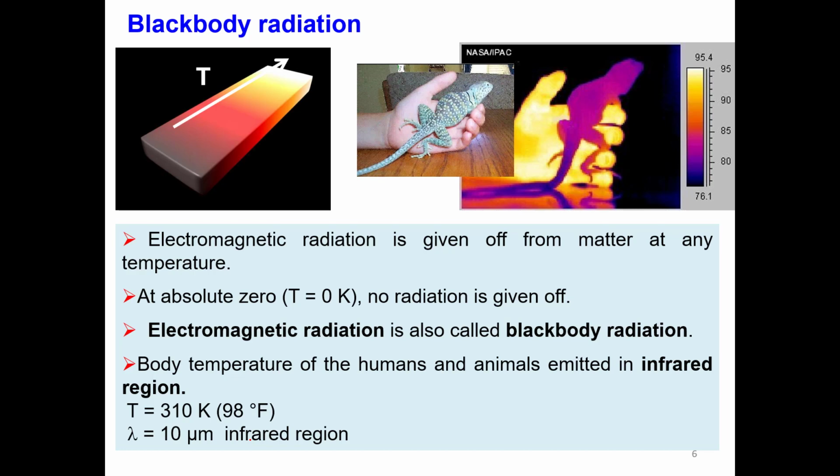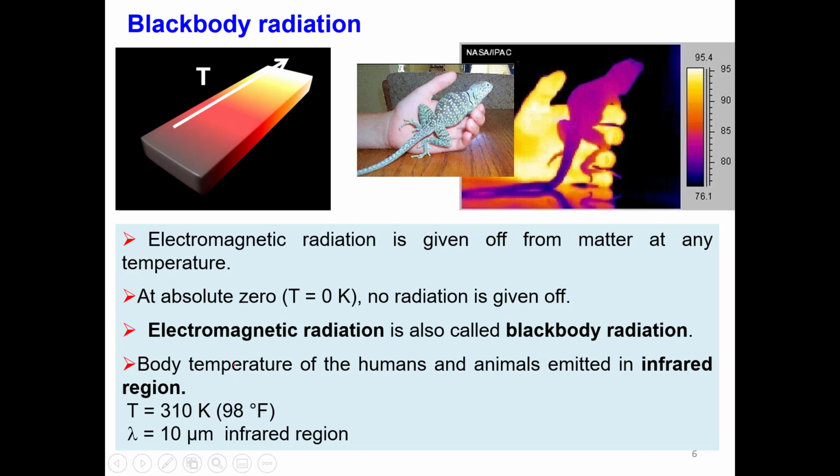Another concept I want to discuss here is black body radiation. Remember, any object or body at a temperature higher than 0 Kelvin emits some radiation. That radiation is electromagnetic radiation and is called black body radiation.